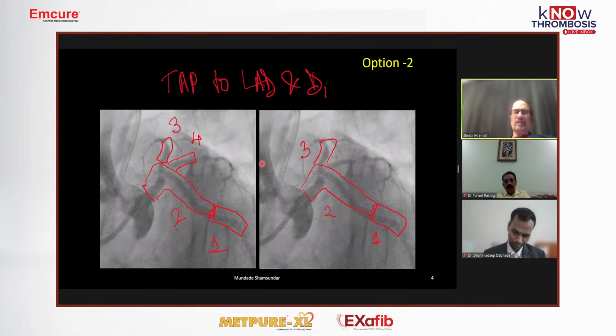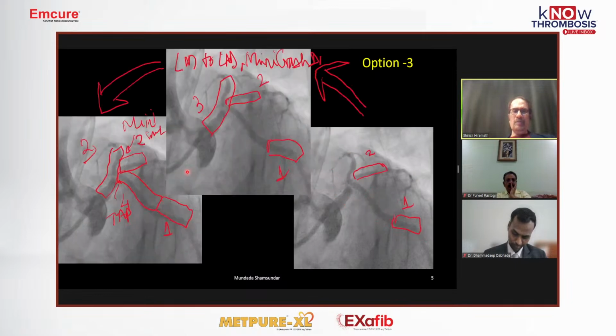Or somebody said, don't do anything to the diagonal. My own feeling was this is the supply area of the papillary muscle, and the mitral regurg was based on this. So I thought the dilatation to the origin of the diagonal, let's call it diagonal, but it looks more like a ramus, was also very crucially important.